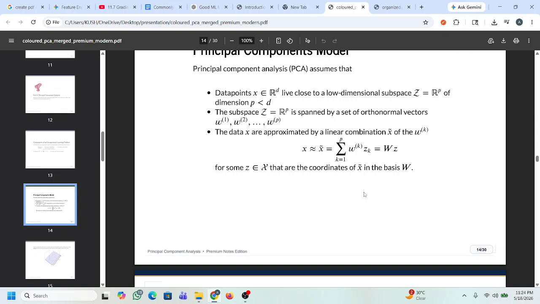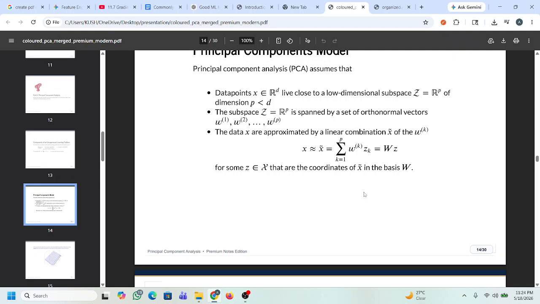That means, first the projected data Z is created by multiplying W transpose with X. If I want to recover my X again, the formula is the sum of W_k Z_k for k equal to 1 to p.